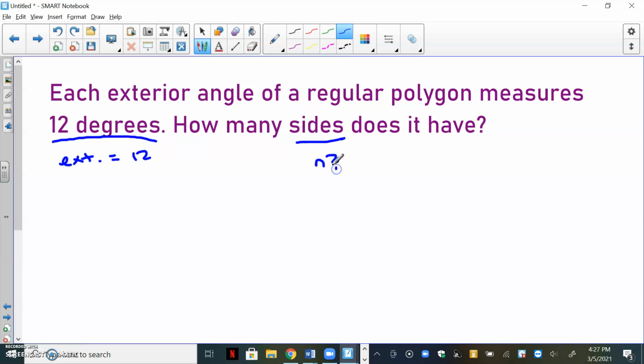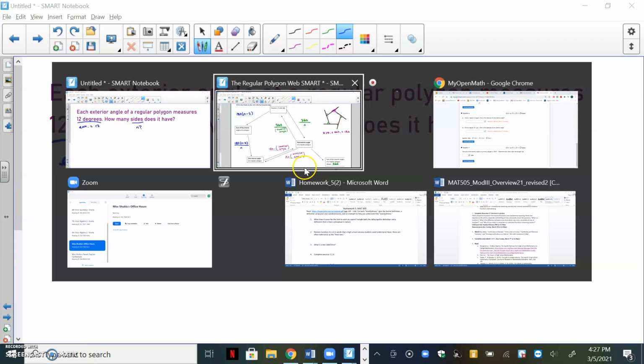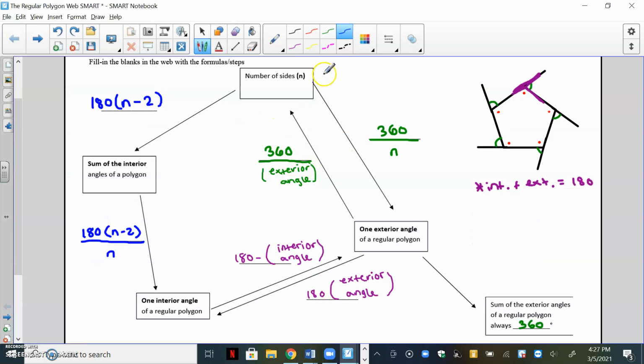We don't know n. So we go back to our web, and we have the exterior angle measure, and we need to find the number of sides. So this is the path that I'm going to follow. That means I need to use this formula: 360 divided by the exterior angle.